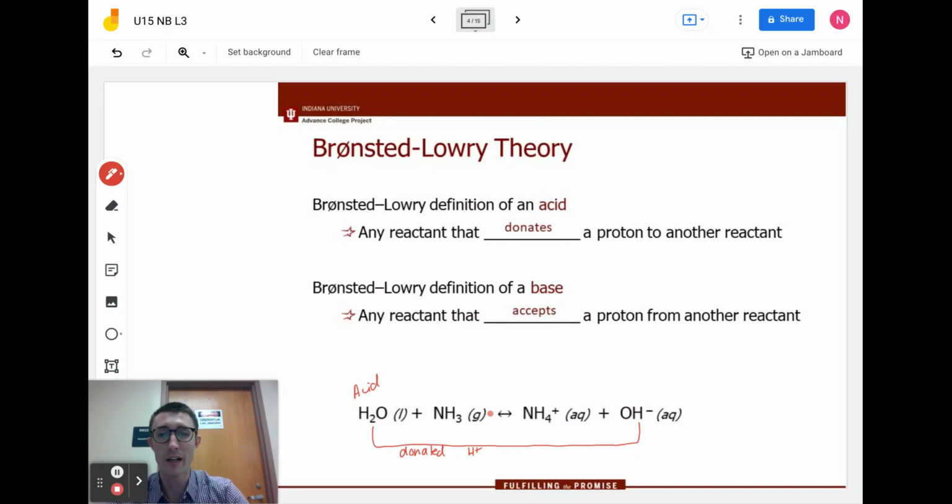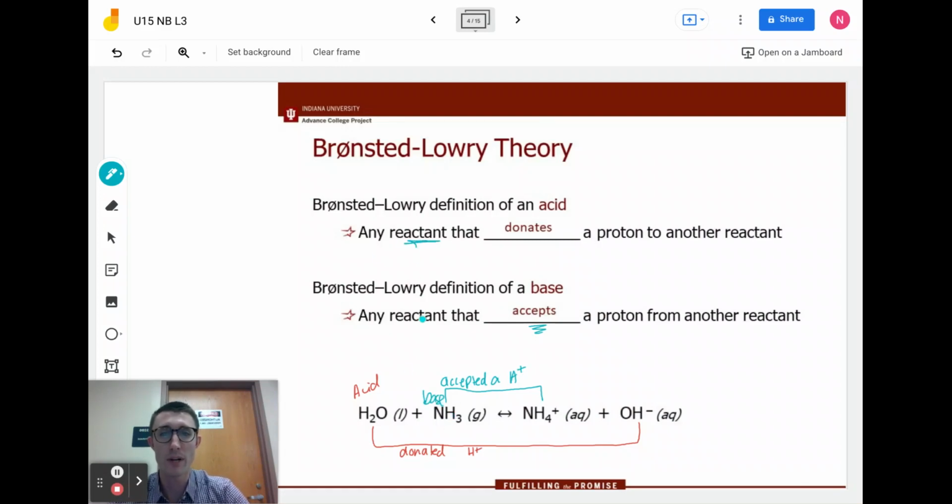And the ammonia becoming ammonium was our base. Our base is anything that accepts a proton from another reactant. Ammonia accepted, and we know that because on the reactant side it has 3 hydrogens, and here it's got 4 hydrogens. So this is our base, ammonia is our base.